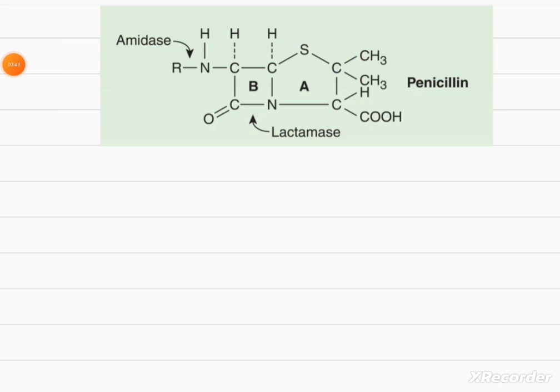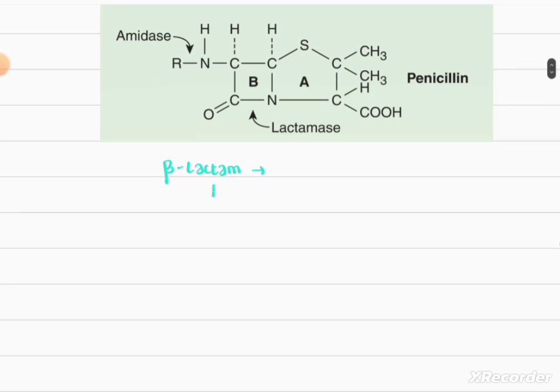As we know, penicillins are beta-lactam antibiotics. We have all heard this word, beta-lactam antibiotics. So what does this beta-lactam mean? Lactam is a cyclic amide. It's a chemical term which means a cyclic amide.